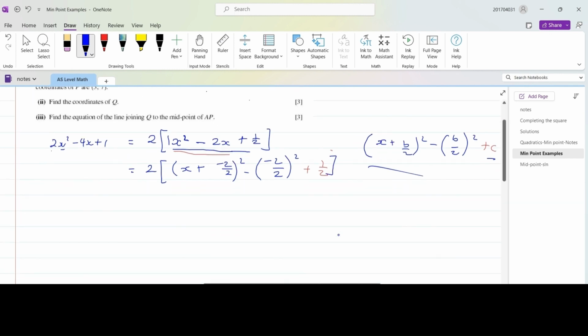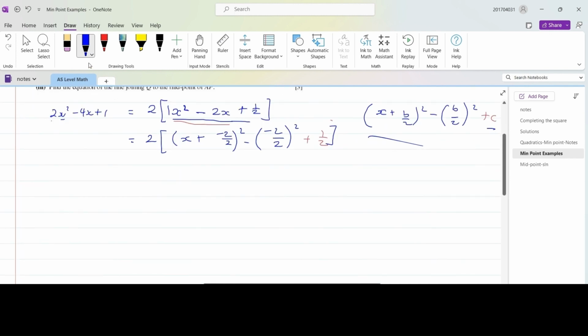Let's continue to simplify the whole expression. In the bracket we have negative 2 divided by 2, so that's simply x plus negative 1, squared. Then minus negative 1 divided by 2, which is negative 1, squared.